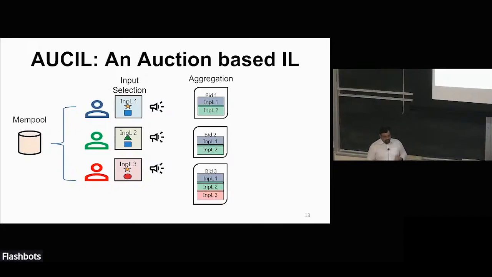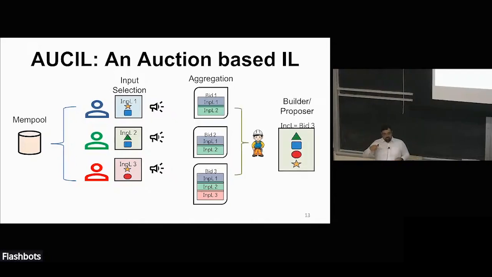In the aggregation phase, each party computes a bid, which is the list of all the inputs that have previously been seen. Based on whoever has the highest bid, the builder has to compute a reverse auction, and whichever is the highest bid would constrain the builder.